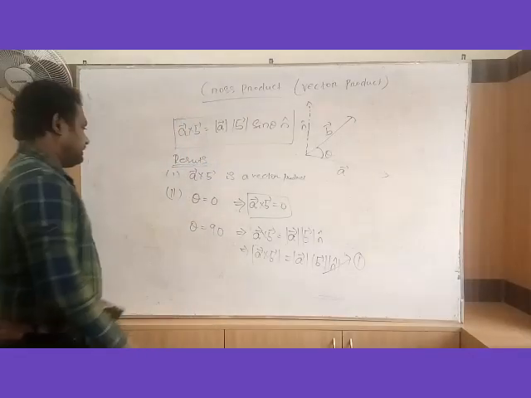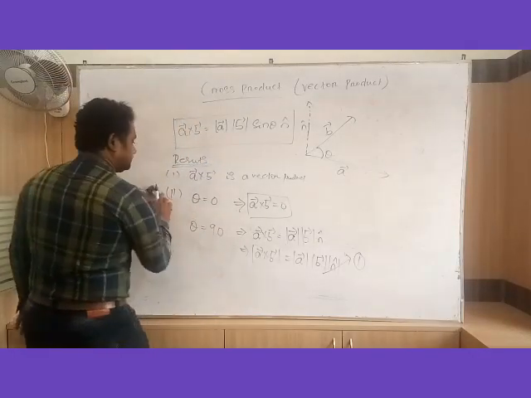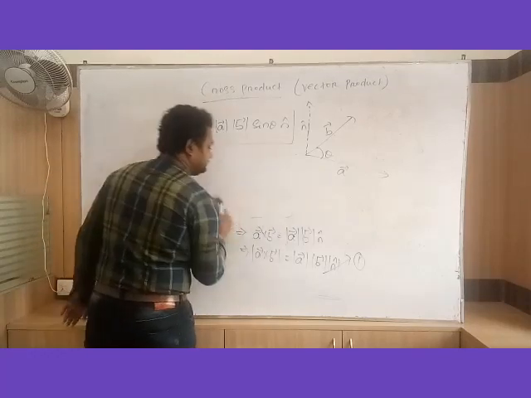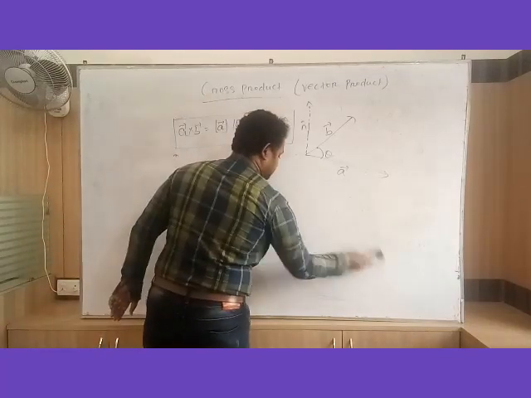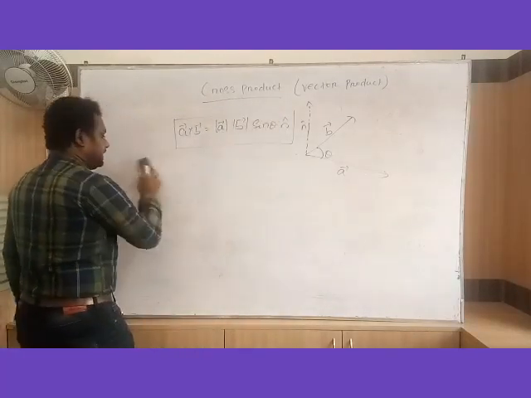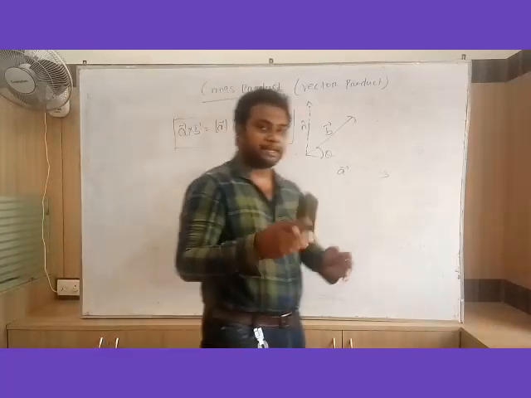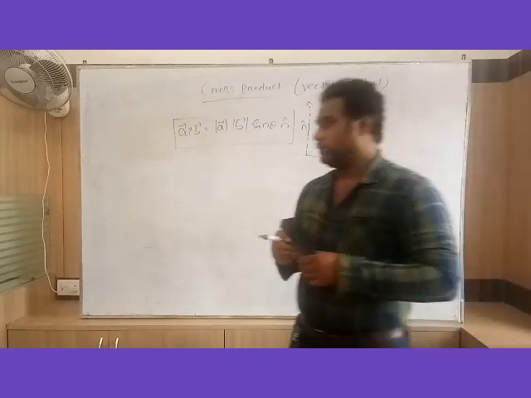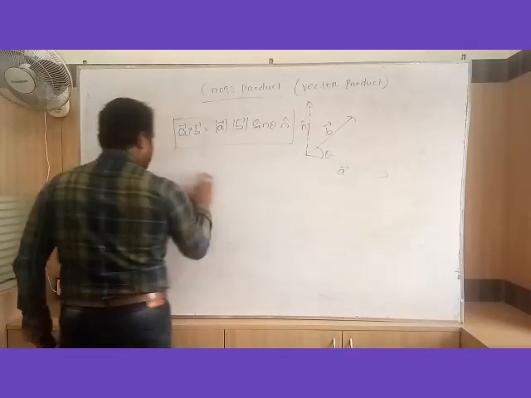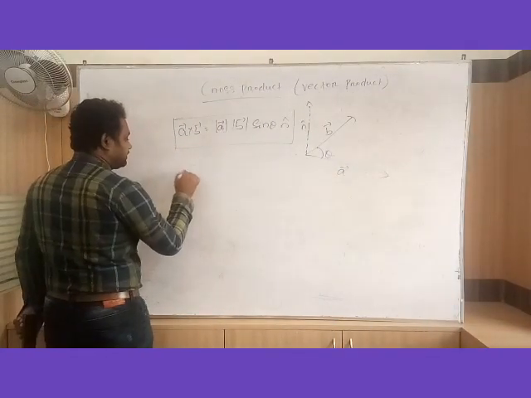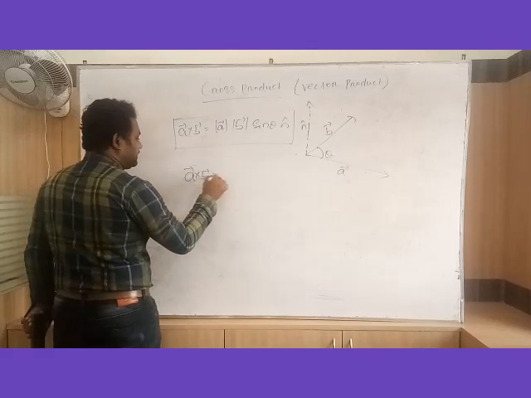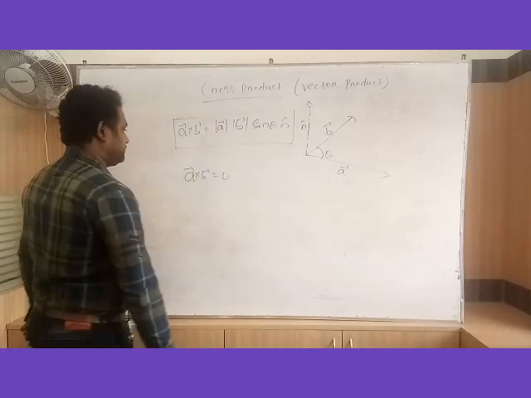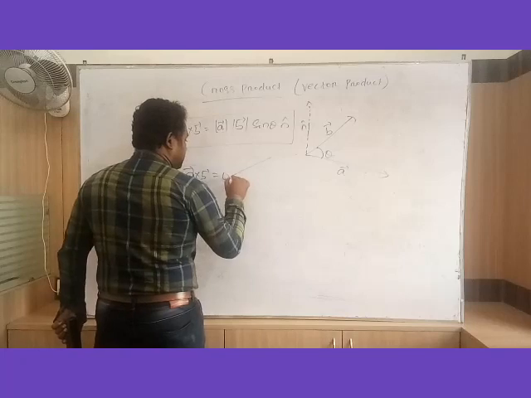Okay, now come to another case. In dot product, we took three cases of A dot B equals 0. Similarly, here we also take three cases of cross product, A cross B equals 0. When will it become 0?